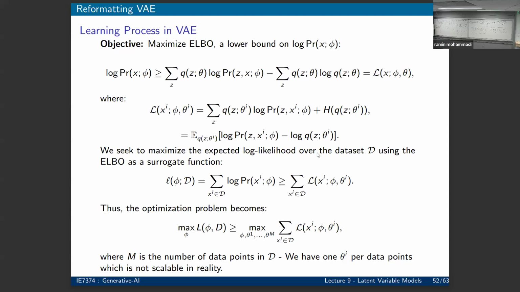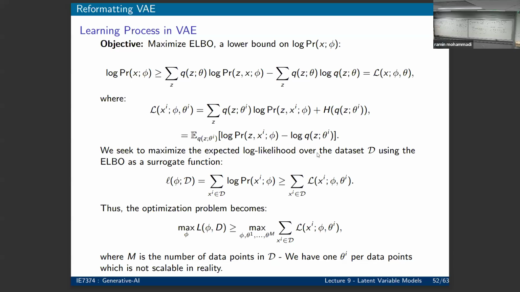The challenge here is that for a fixed phi, which is a decoder value. So phi is the parameter for the decoder. So for a fixed phi, let's say you have m data points, and you want to maximize the likelihood for m data points.